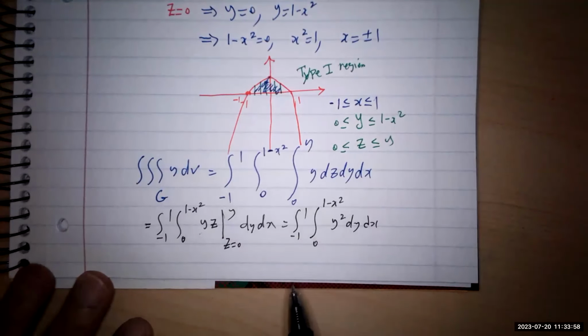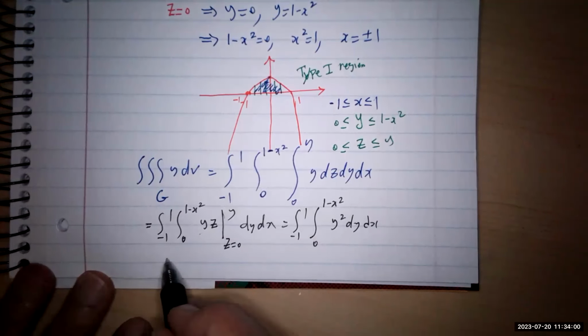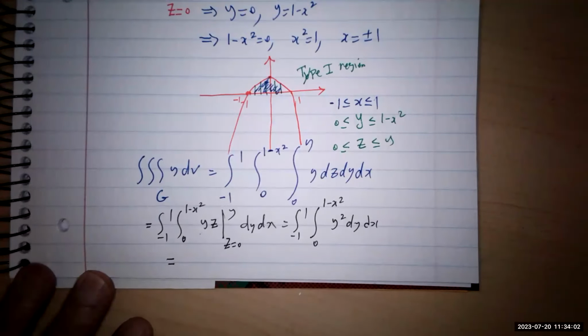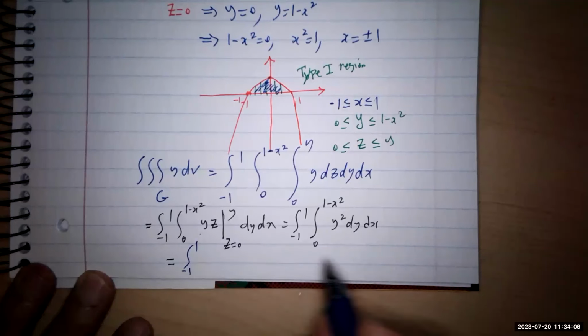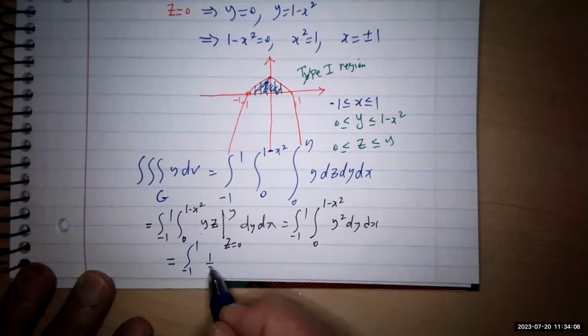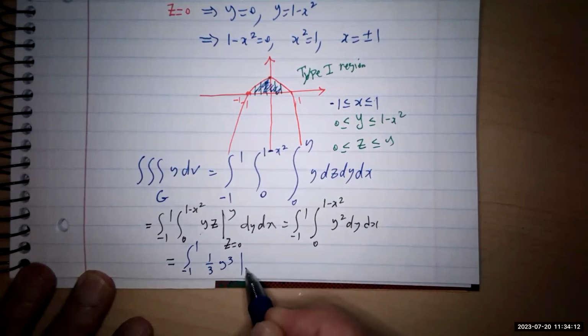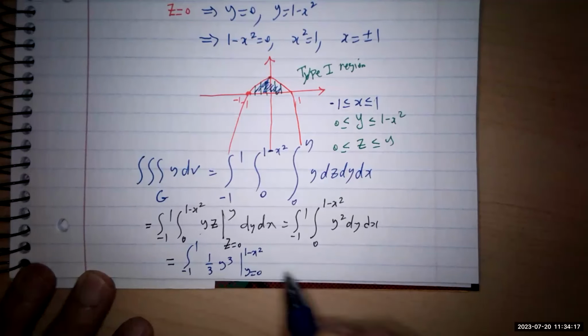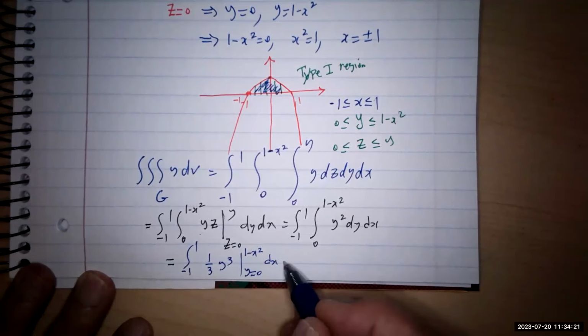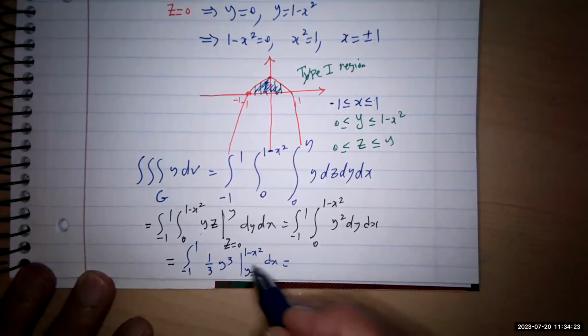You know, the integral of y squared would be y cubed over 3. So we keep negative 1 to 1 and we integrate with respect to y. That gives me 1/3 of y cubed, with y going from 0 to 1 minus x squared, then the dx. So we can pull out the 1/3.